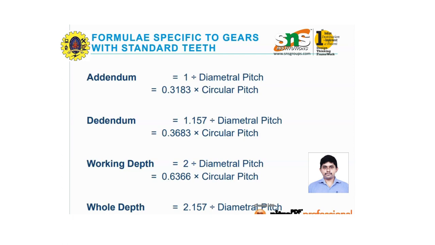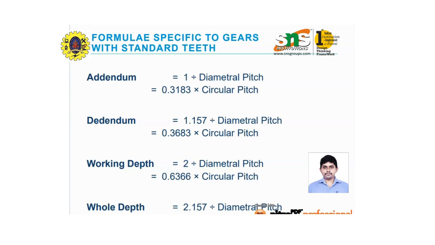Wherever that is so, the working depth can be calculated. One is more than 2 divided by diametral pitch, equal to 0.3, depending on the velocity of the gears. That is calculated in terms of circular pitch. So with respect to diametral pitch, we say 2 divided by diametral pitch. The classification is represented with respect to circular pitch.